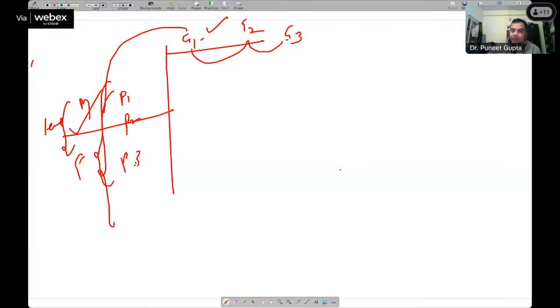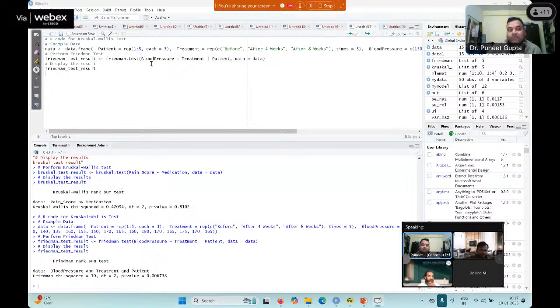And repeated measures ANOVA also can be two-way, three-way. Today we have covered only the one-way. Then factorial design, then we move into design of experiments, basically CRD, RBD, LSD, Latin square design, randomized block design. Then factorial designs come, 2 to the power and 3 to the power designs. So a lot of things are there, but to start with, try to understand these concepts and you will be able to generalize them.